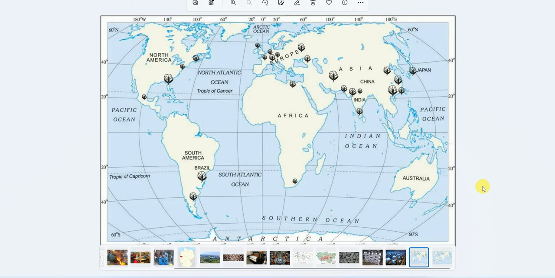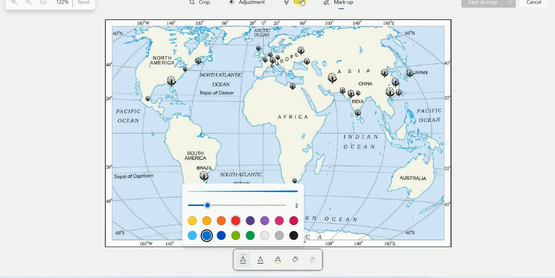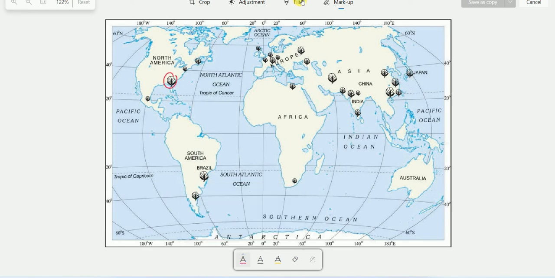This map shows the distribution of cotton textile manufacturing areas in the world. I think you are seeing these symbols. These represent the location of the major cotton textile manufacturing regions. Here is Western Europe. Here also Egypt, then here the Western Asian part.